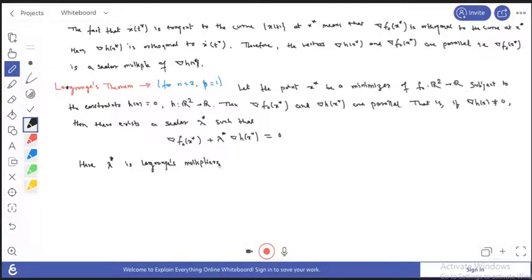Okay, so this is a Lagrange multiplier, and note that this theorem also holds for a maximizer.